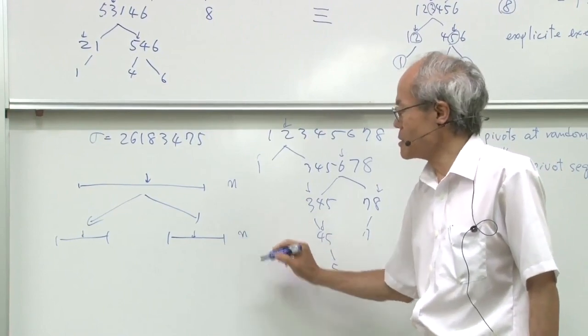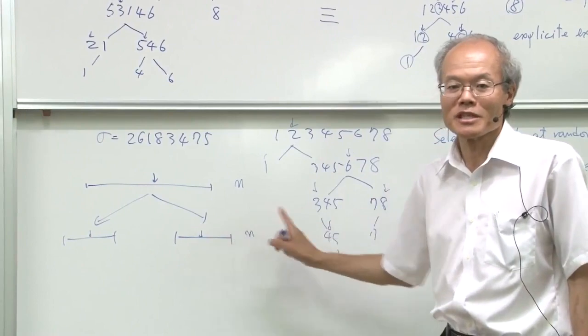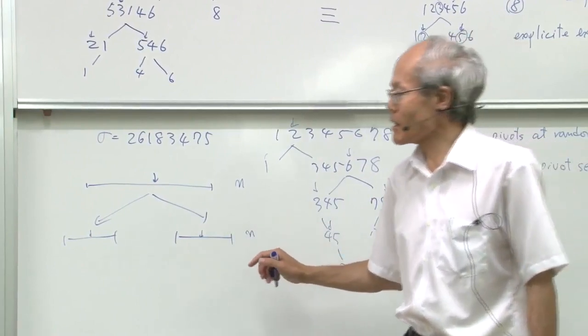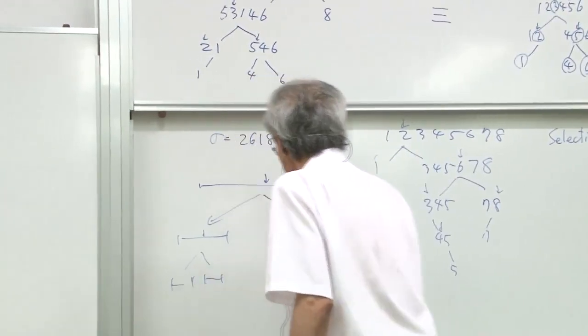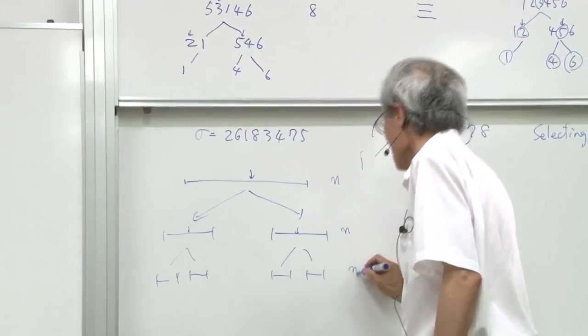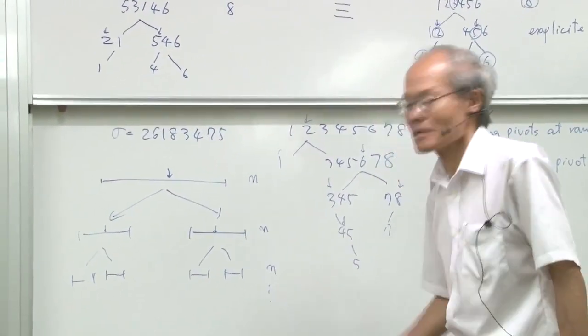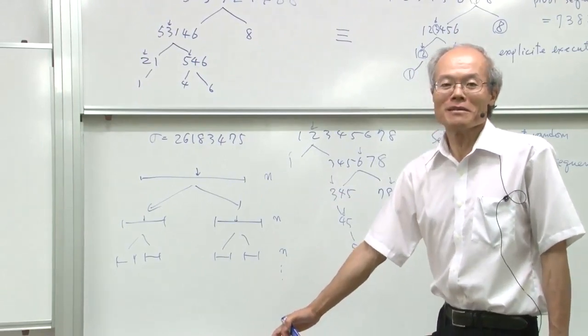Almost n, because it's n over 2 each, the sum is n. And then again, this is almost n. What is the depth? Log n. Okay?